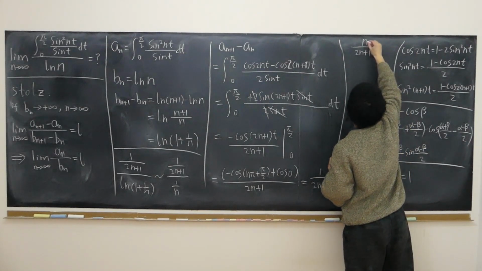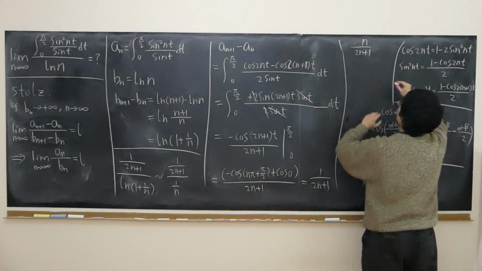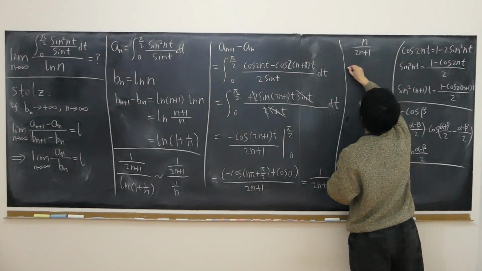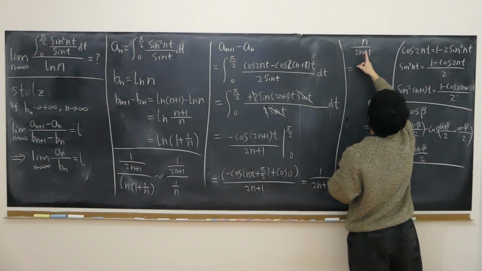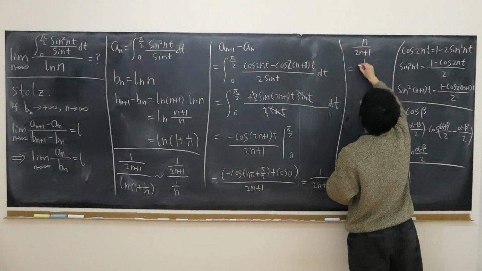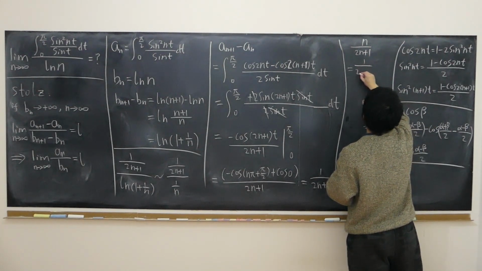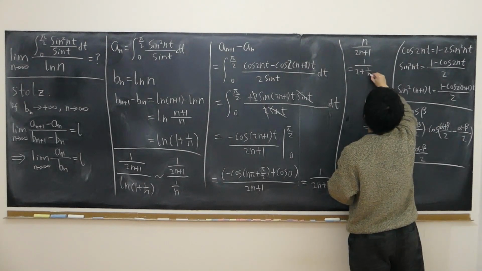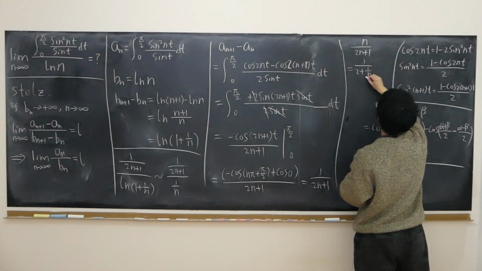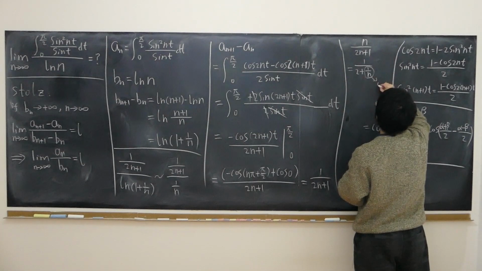Is this one easily approaching half? The reason is because this is divided by n, so we have 2 plus 1 over n, and 1 over n easily approaches 0.